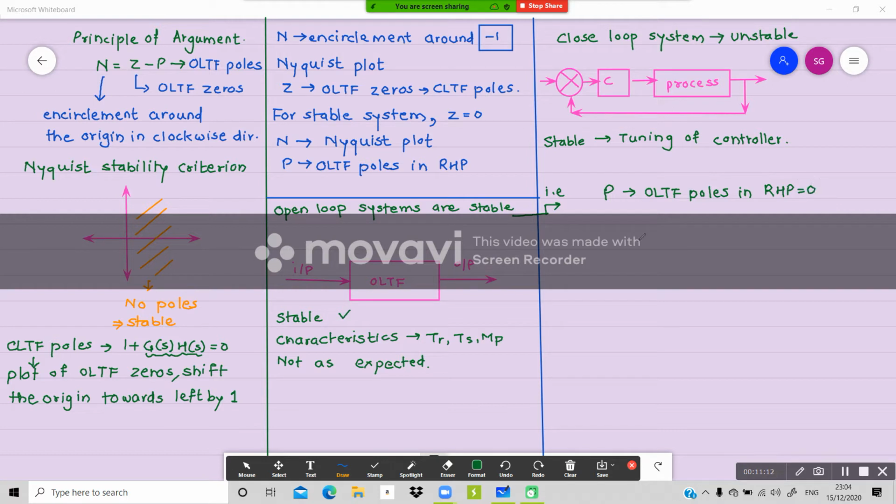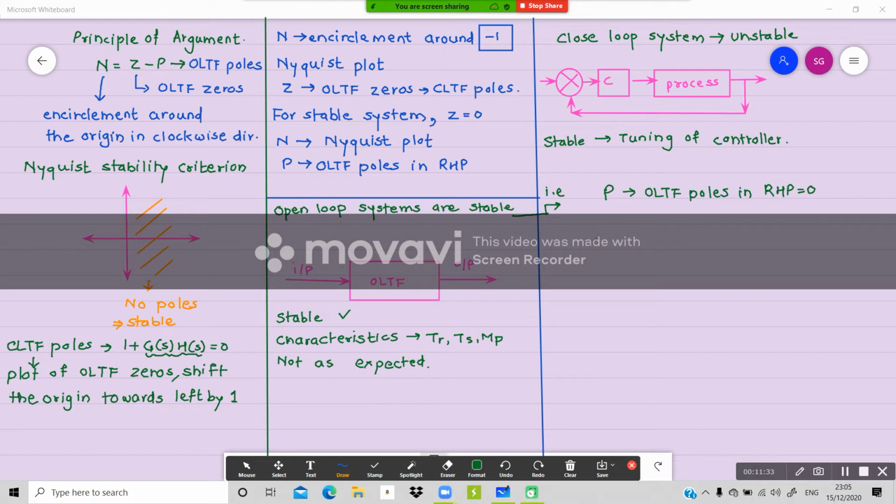Whatever examples we take, or you find in the book, in the transfer function OLTF denominator you will get all S values to be negative. Sometimes might be on the origin. What is the solution for that, we'll see. But in RHP normally you will not get any.